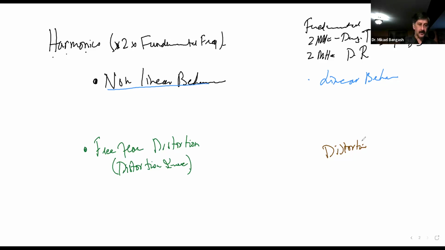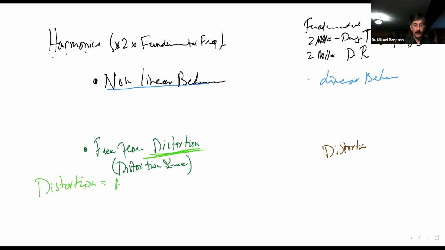Okay. Now, just to get clear about what it is that we mean by distortion, which we then don't see in the case of harmonic imaging or harmonics, because it's going to be free from distortion. So let's get clear about what we meant by this distortion here. So distortion, what is that?